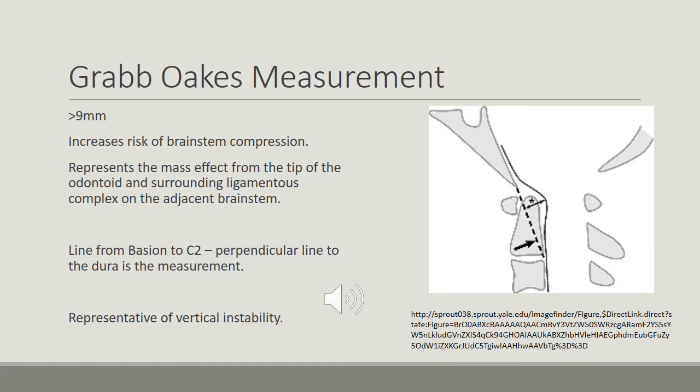Now, to get this measurement, it's not just one angle. We need to find a line from the basion to C2 first, and then draw a perpendicular line to the dura, and that's your measurement right there. So imagine something at 150 degrees, a far shallower depth in terms of a measurement down there versus that very sharp angle where it will certainly be more pronounced.